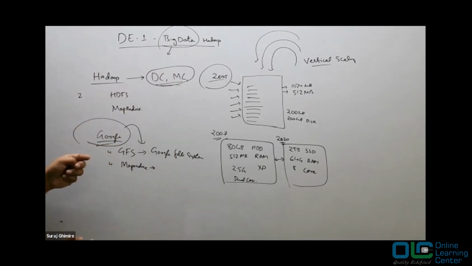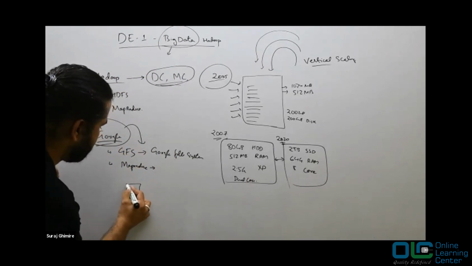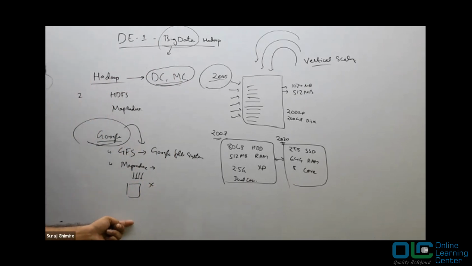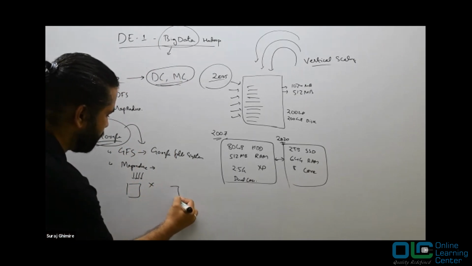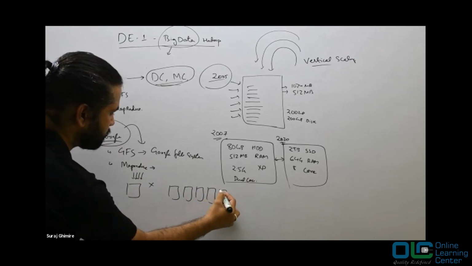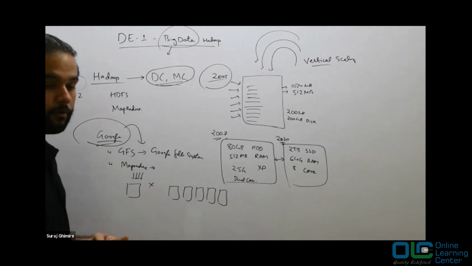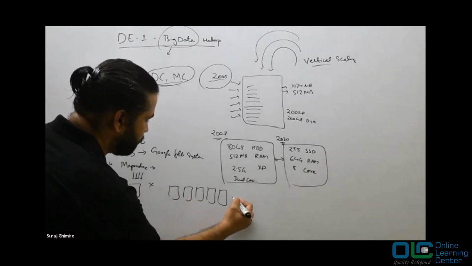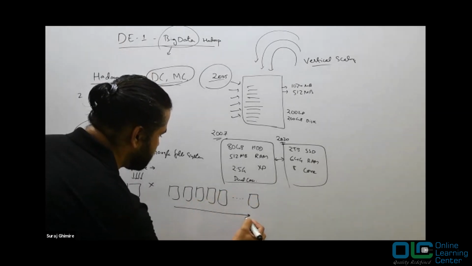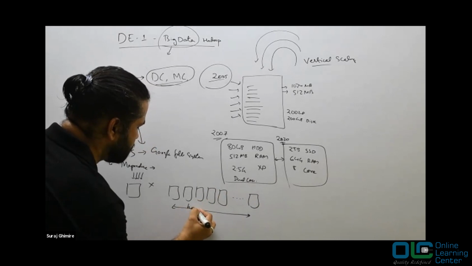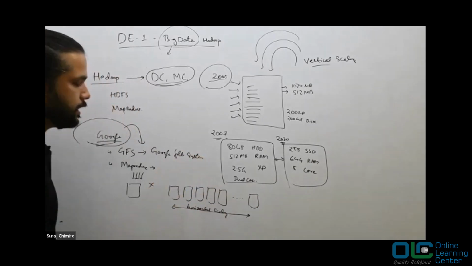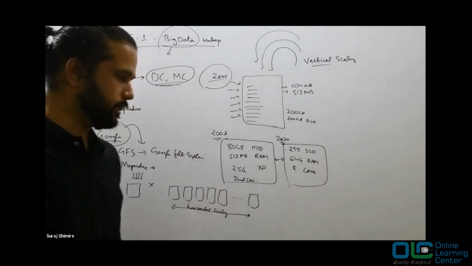It says that instead of making your system powerful, you try to use multiple systems, and your power will increase as you add more systems. This is called horizontal scaling.